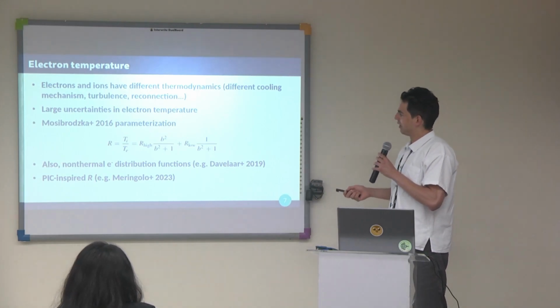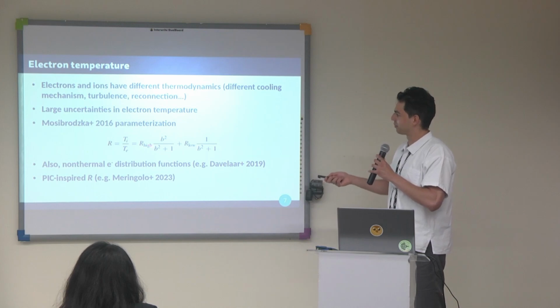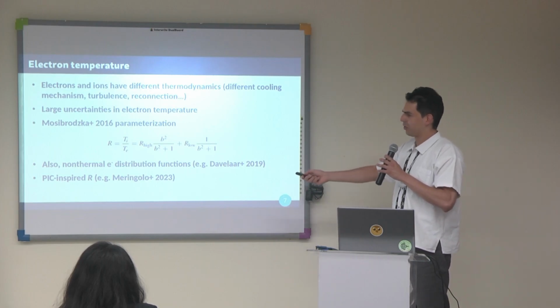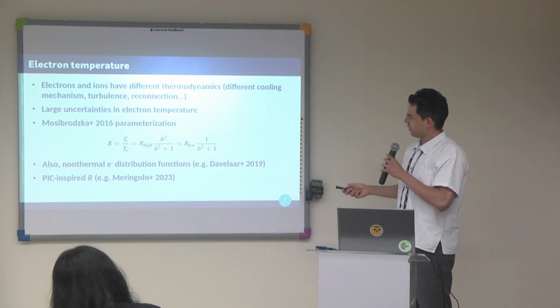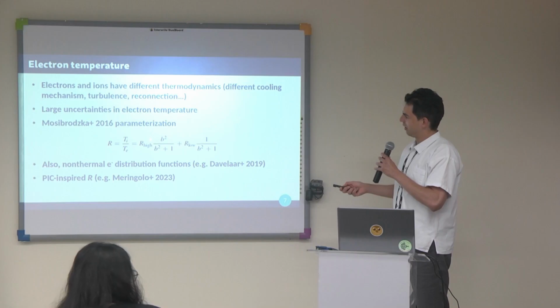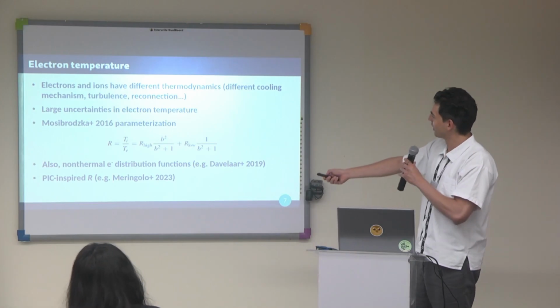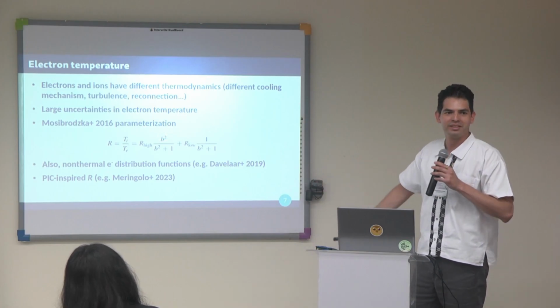It can be that, for example, according to some model, the value R high will be larger than the value of R low, or it can be that it is completely the other way around. But this is something that needs to be tested. Sorry, B is the magnetic field intensity in the fluid frame.